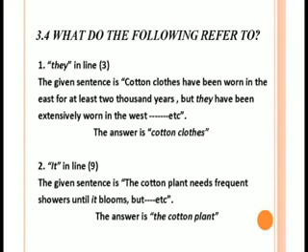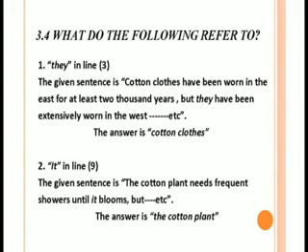The text says that cotton clothes have been worn in the East for at least 2,000 years, but they have been extensively worn in the West for only about 200 years because cotton was very expensive in the West before it was grown there. So, the correct answer is cotton clothes.